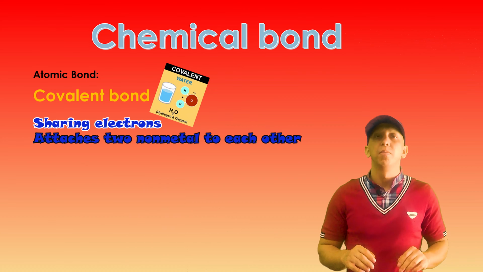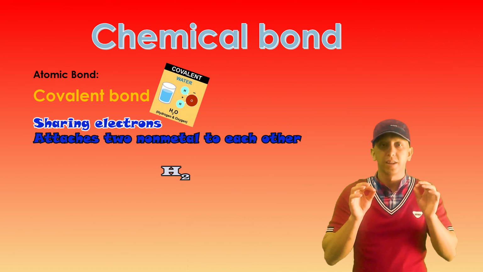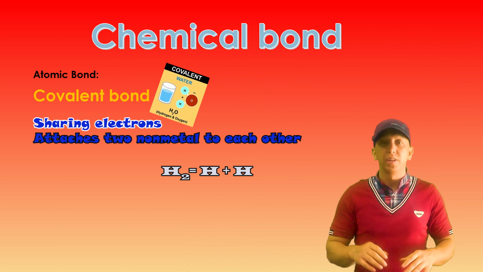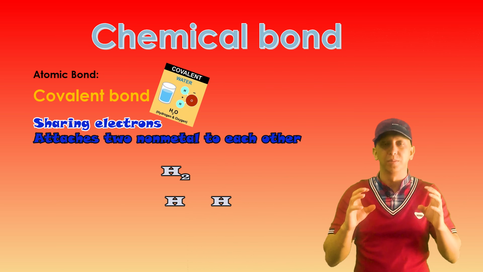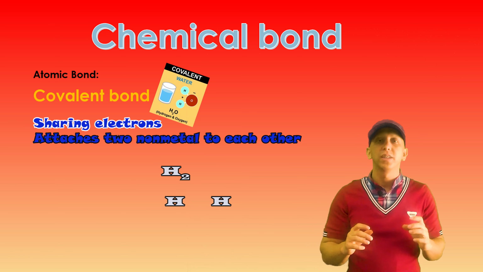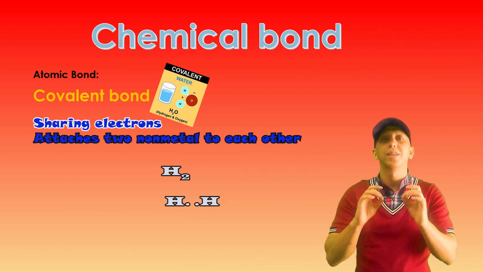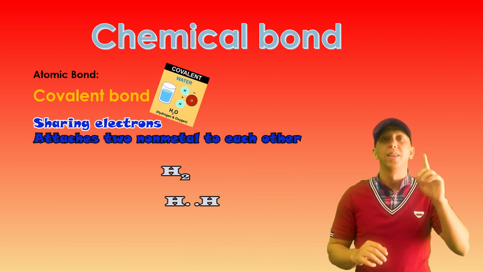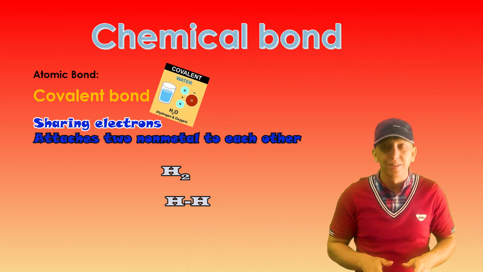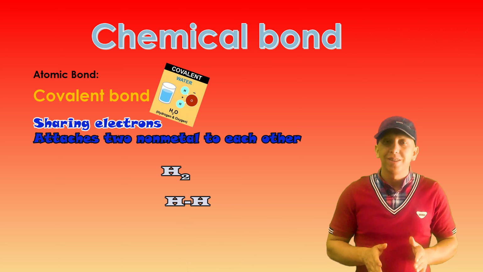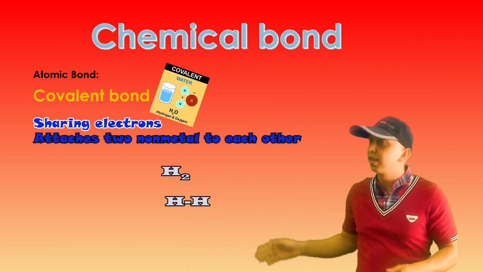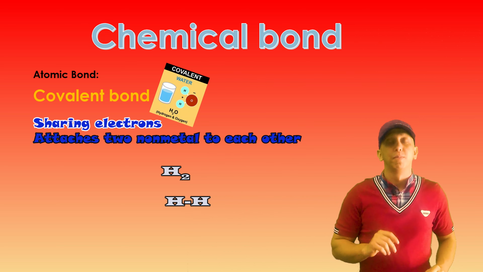For example, imagine H2 that consists of two hydrogen. When you put two hydrogen atoms next to each other, as hydrogen has only 1 electron, both of them share their electron with each other, and a covalent bond will arise because hydrogen is non-metal, and as I said, the covalent bond occurs between two non-metals usually.